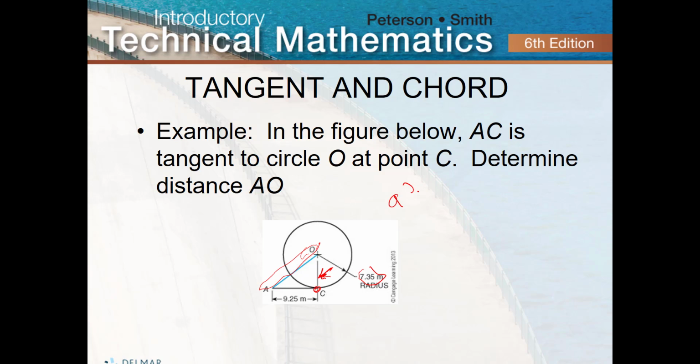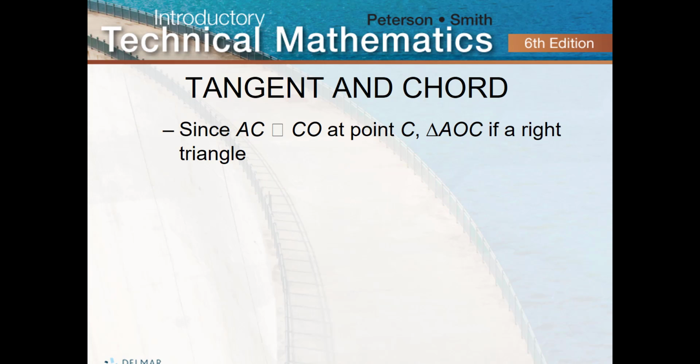So I've got good old Pythagorean, a squared plus b squared equals c squared. So we're going to do 7.35 squared plus 9.25 squared. And then we'll get the answer and have to square root it. Don't forget about square rooting it. So you got 9.25 squared, 7.35 squared.